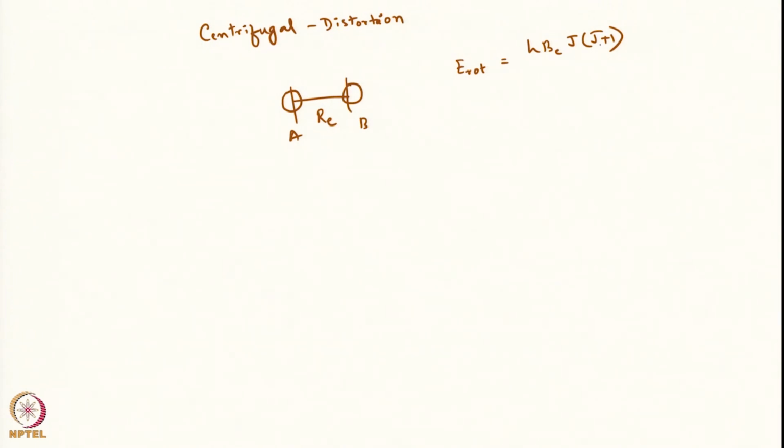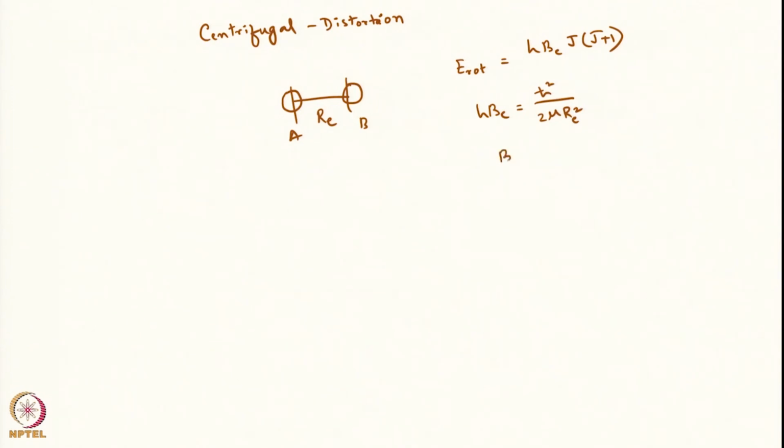And it turns out that BE is equal to h bar square by 2 mu RE square.